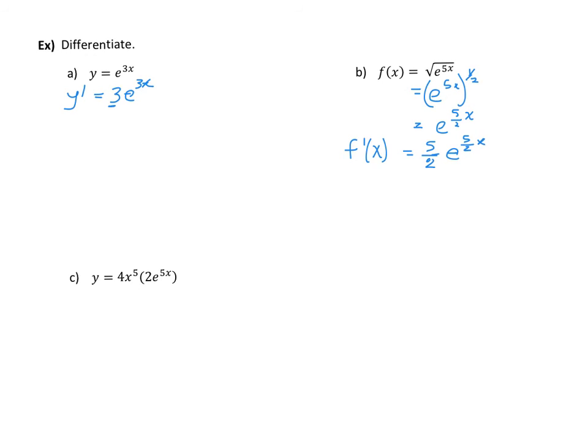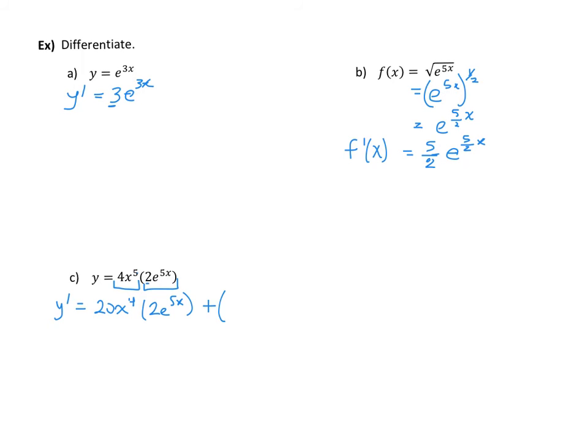Okay, now our last example here, we've got y. It actually is a product rule because I have this function and then I have this function. So we're going to have y prime, or dy dx: the derivative of the first, so 5 times 4 would be 20, x to the 4, times the second, plus the derivative of the second.